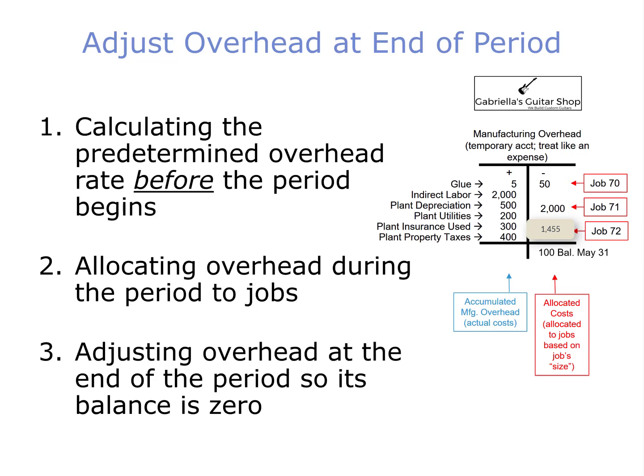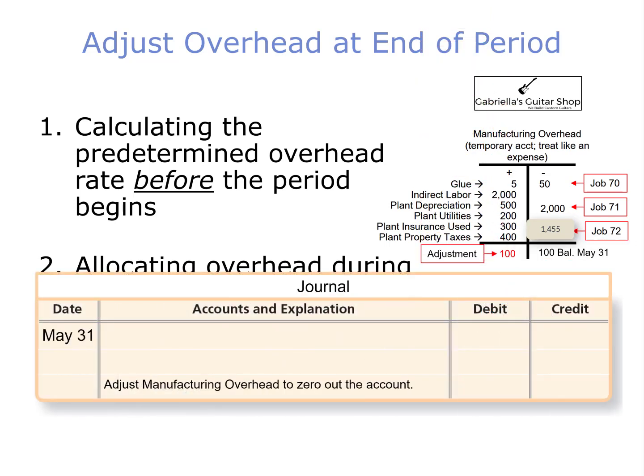How would we zero out this account since it has a $100 credit balance? We would debit overhead $100. So in our journal entry, we would debit overhead $100 and credit cost of goods sold for $100. Notice this is the opposite adjustment from when the account had a debit balance on the previous slide.